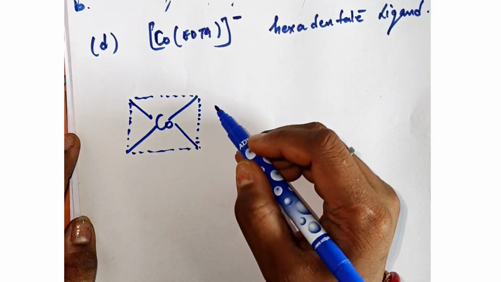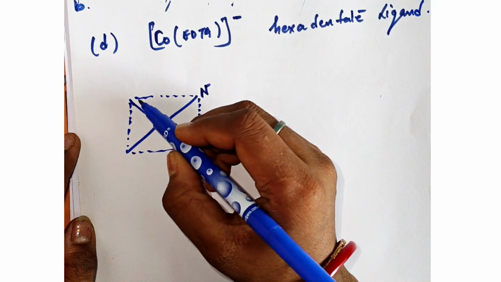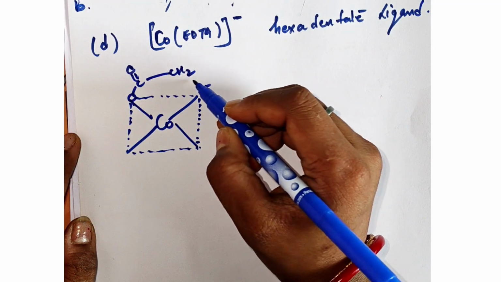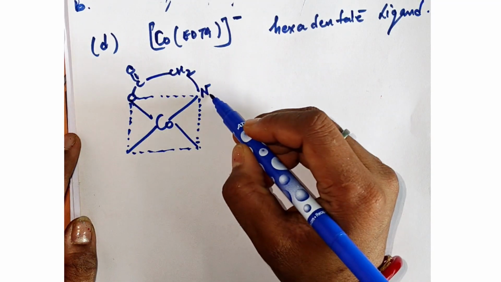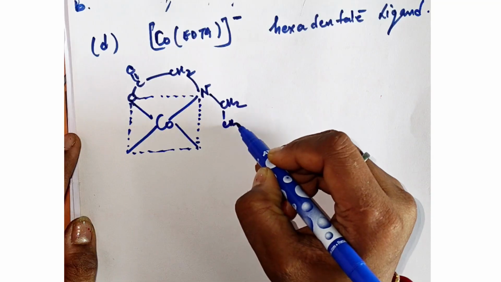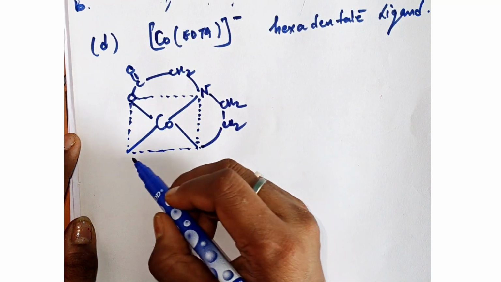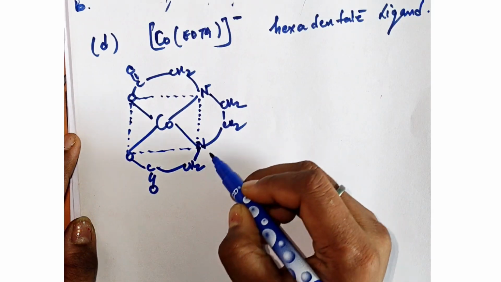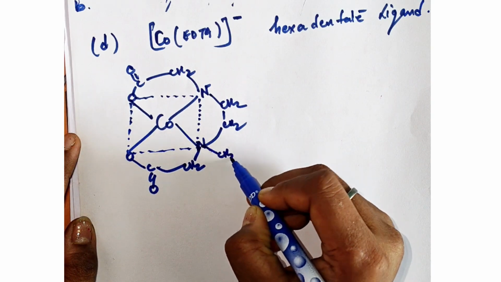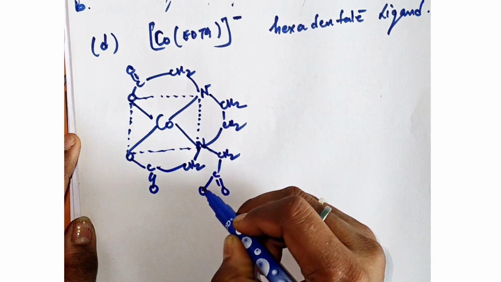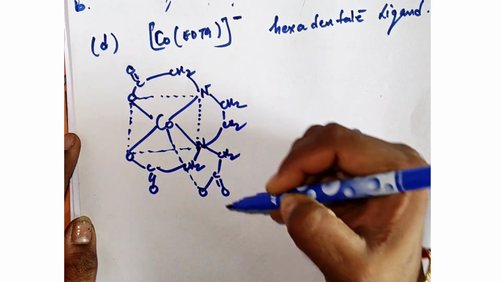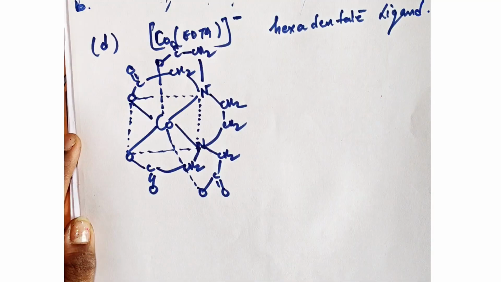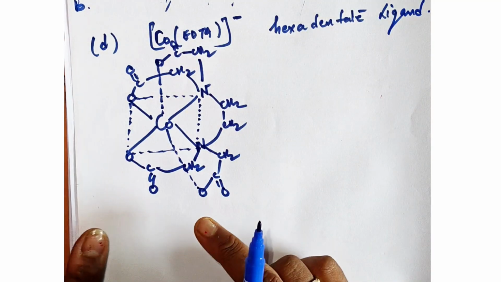Suppose this is N, this is C double bond O, CH2 NH2, N CH2 CH2 NH2, again CH2 NH2, this is CH2 C=O O. See, this is your hexadentate complex.